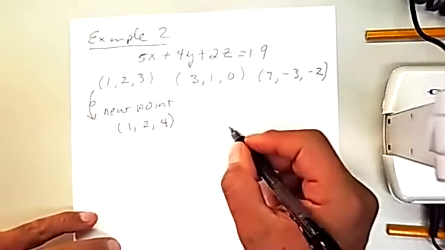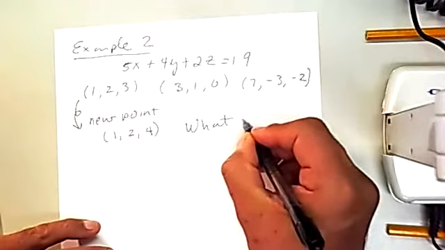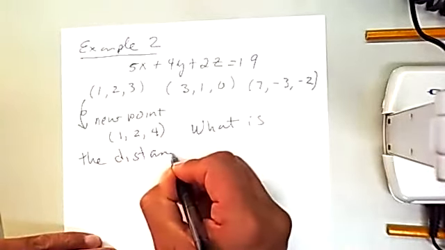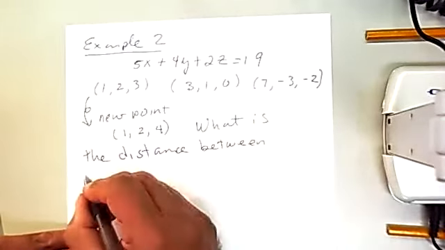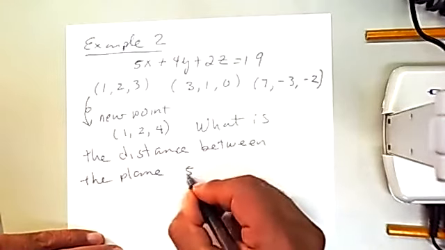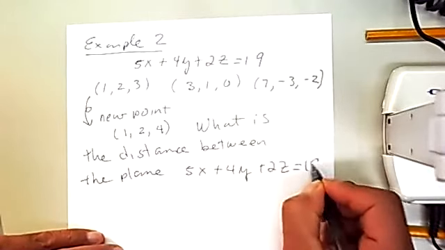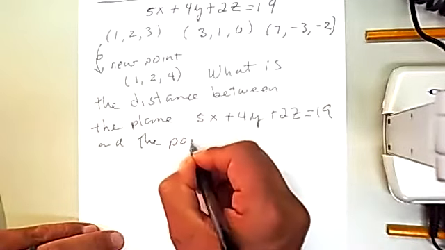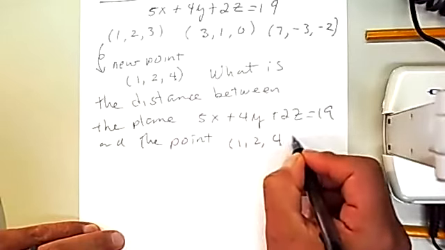So here's the question. What is the distance between the plane 5x plus 4y plus 2z equals 19 and the point 1, 2, 4?